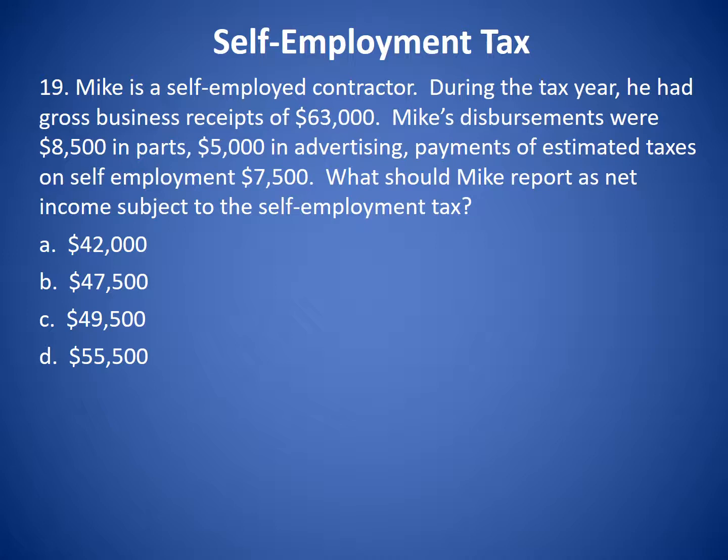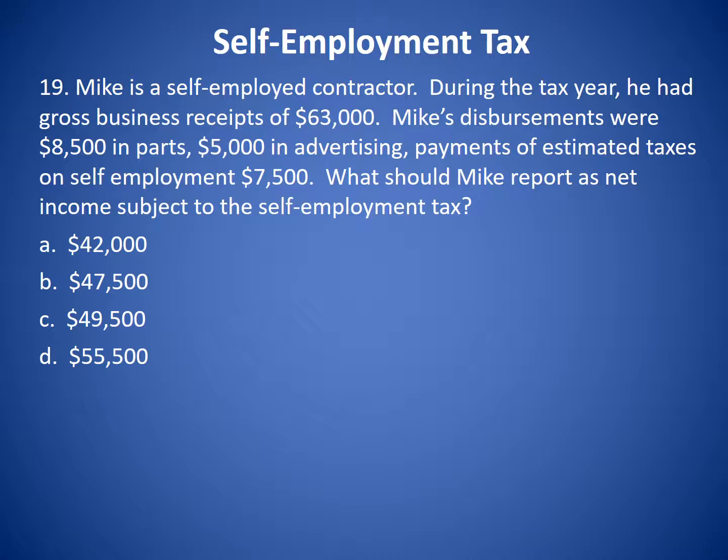Mike is a self-employed contractor. During the tax year, he had gross business receipts of $63,000. Mike's business disbursements were $8,500 in parts for his contracting work, $5,000 in advertising, and he had payments of estimated taxes on his self-employment of $7,500.